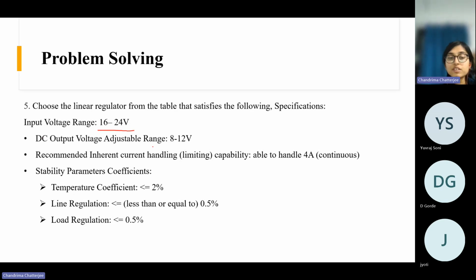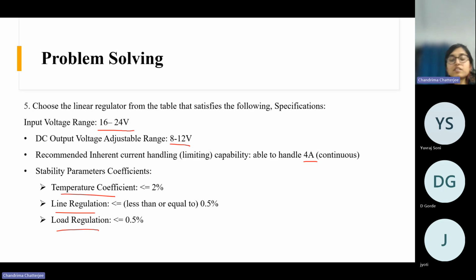The DC output voltage adjustable range is 8 to 12 volt. The recommended inherent current handling capability is 4 ampere. So this is the current handling capability of the linear regulator. And these are the stability parameters: temperature coefficient, line regulation, load regulation.